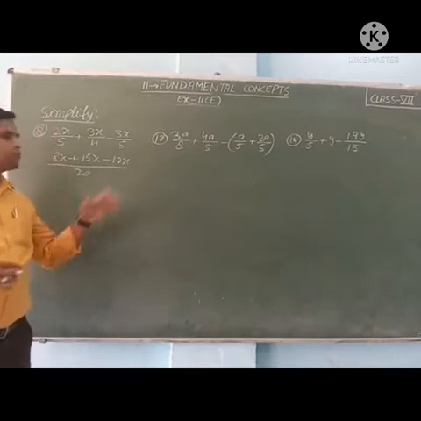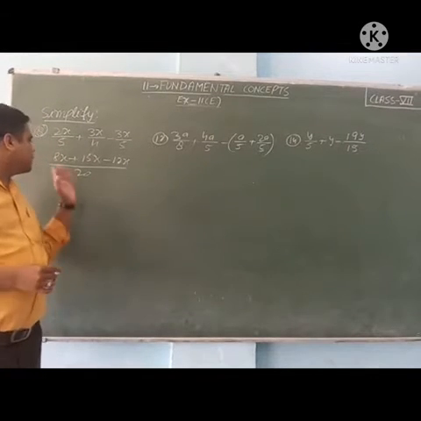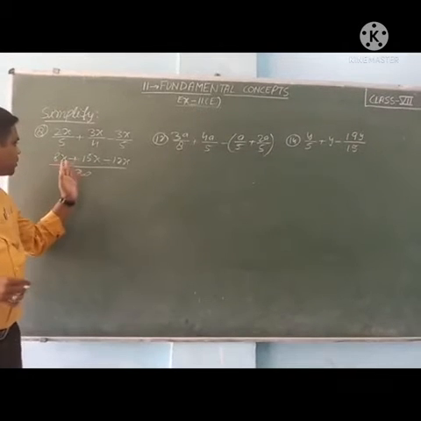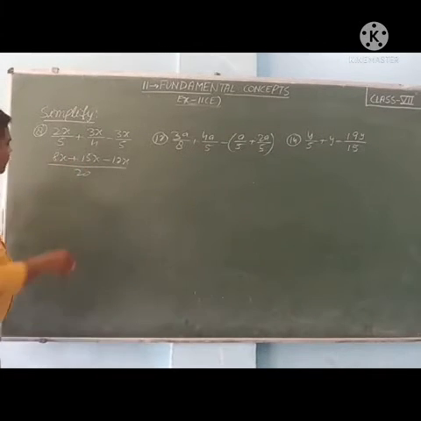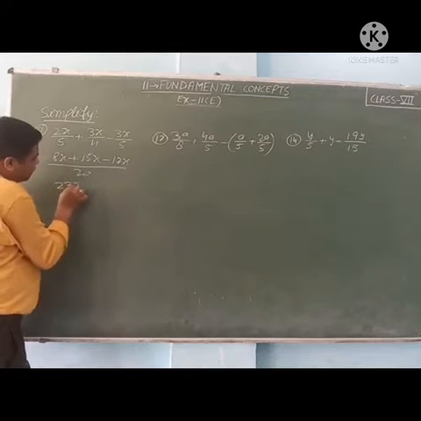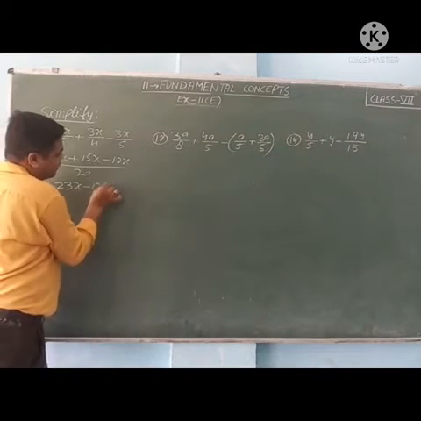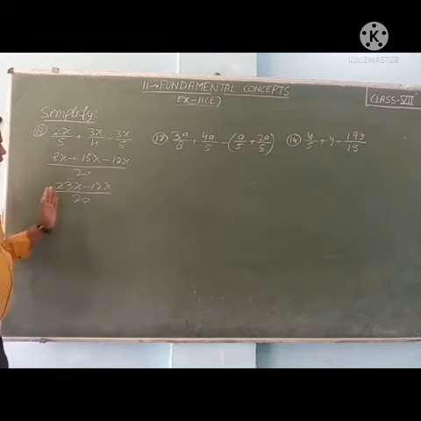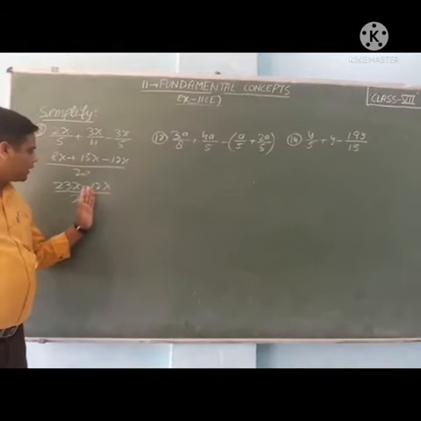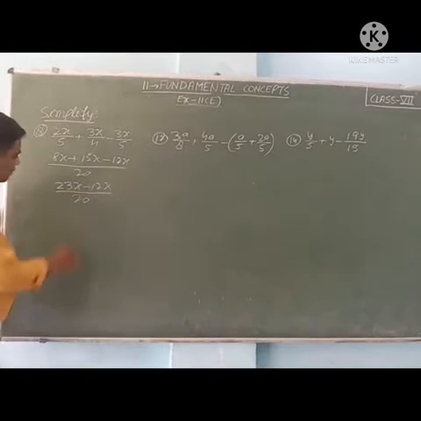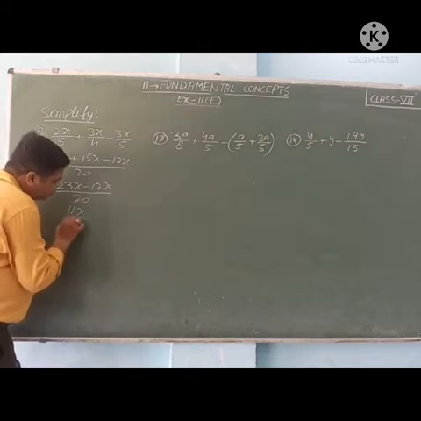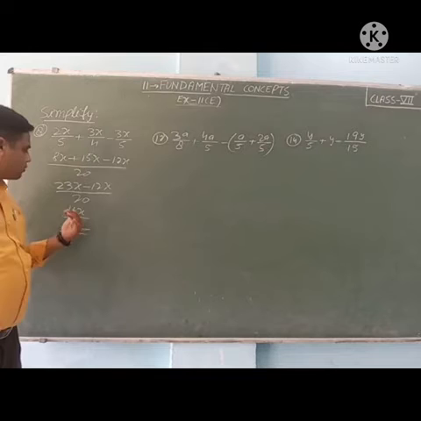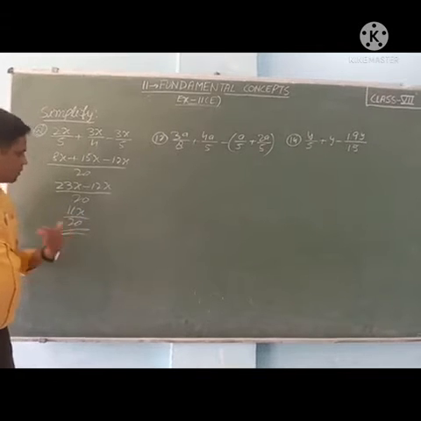All the terms are like. Then we will add all the positive terms separately and negative terms separately. So 2 are positive, 8x plus 15x, it will come 23x. Then minus 12x as it is because only one negative term, upon 20. So 23x minus 12x, what we will get? 11x. So 11x upon 20. 11 and 20 are not divisible by any same number. So we will leave the answer 11x upon 20.